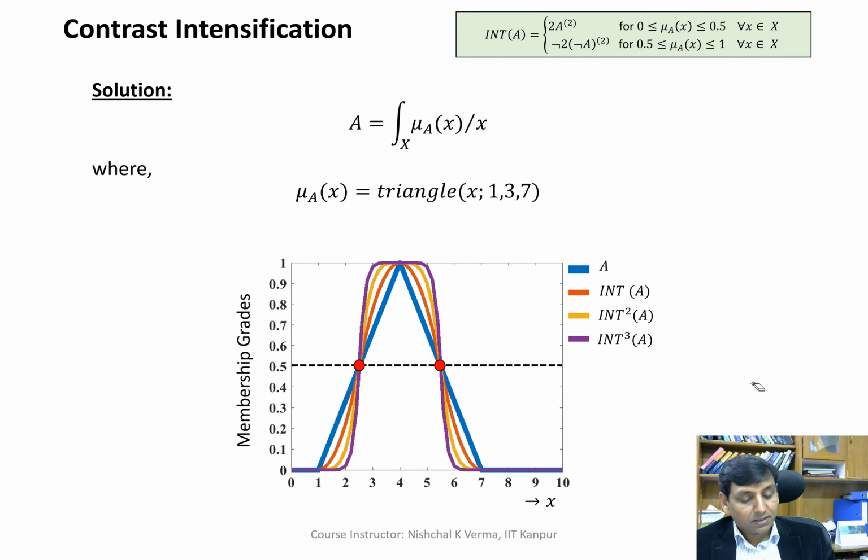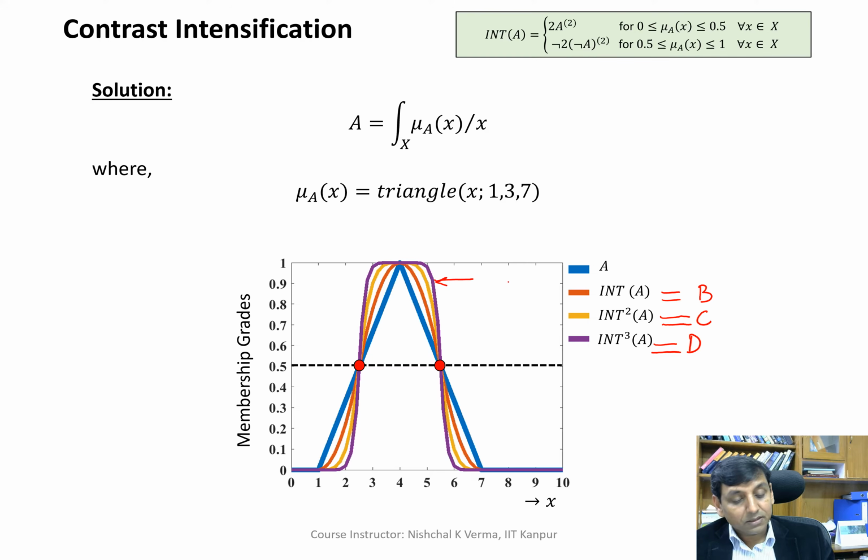When we go further, let's say this fuzzy set is a D fuzzy set, with intensification once again.